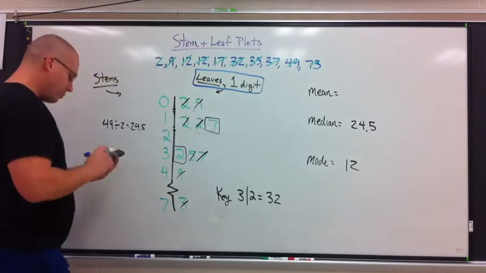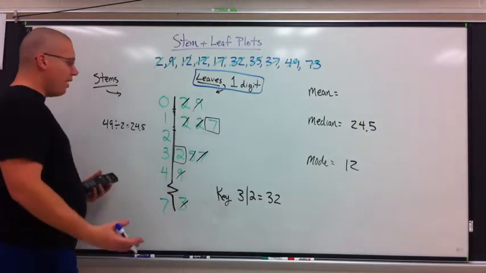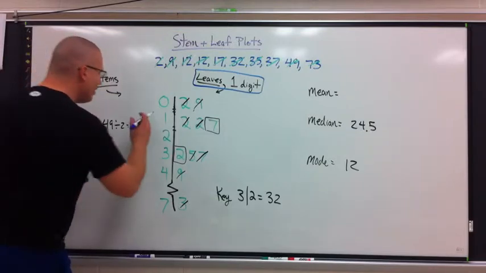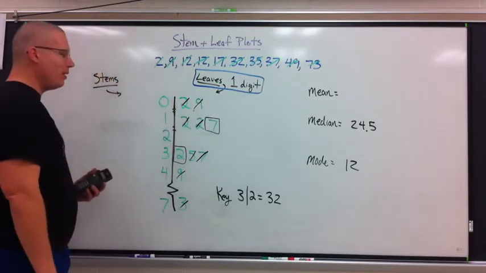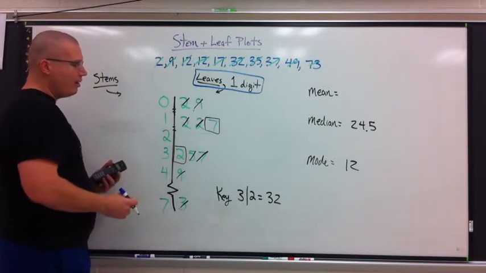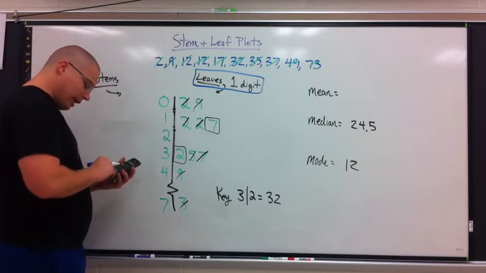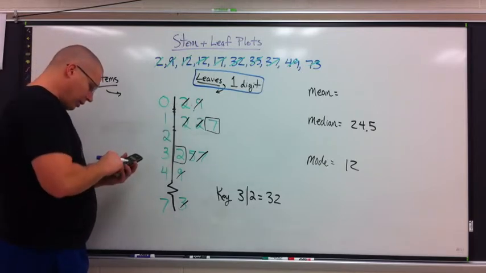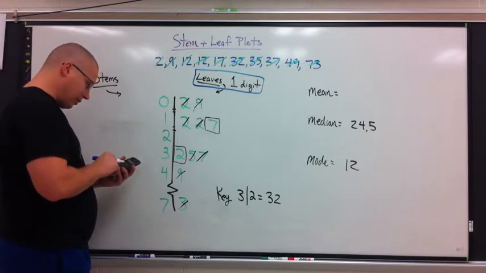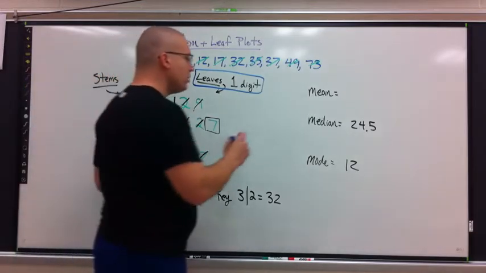The mean, I got to add all these up and divide by however many I have. There are different ways to shorten this up. It takes a little more time to explain it, so I'm just going to let you, if you have ways to add all these up faster, go ahead. If not, add them up normal. 2 plus 9 plus 12 plus 12 plus 17 plus 32 plus 35 plus 37 plus 49 plus 73 equals 278.